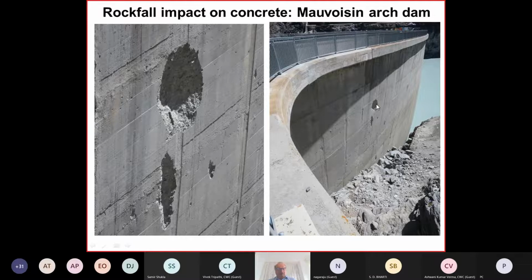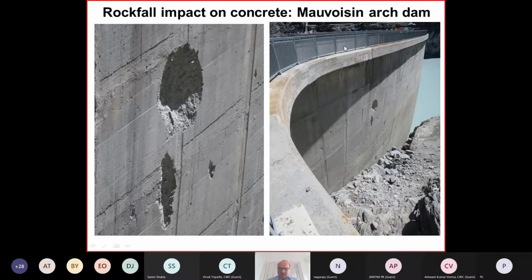It's not a problem here, but there are arch dams built, unfortunately, also in Iran, that are only about 3.5 meters thick. So it would be quite different if such a block would hit the dam. If the crest thickness is only 2-3 meters, it would basically destroy the dam.